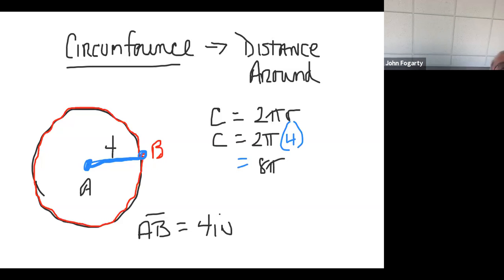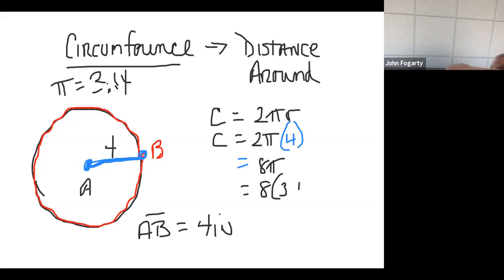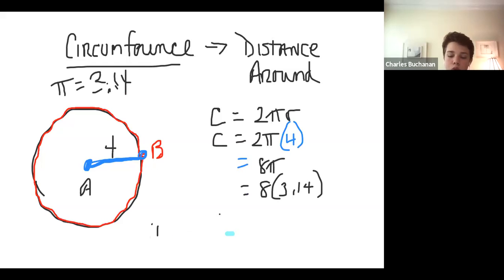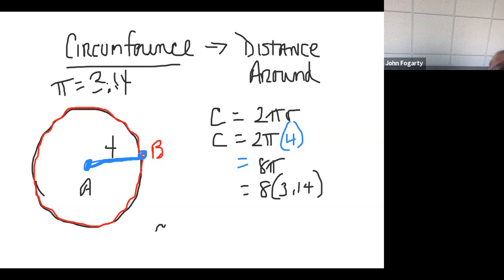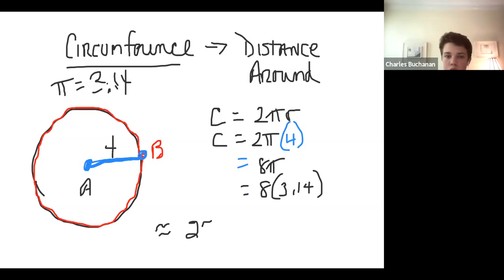And then if I was approximating, I would just take pi. What's pi? 3.14, right? So I would just take that and go 8 times 3.14. And what would I get? 25.1. Yes, 25.12.